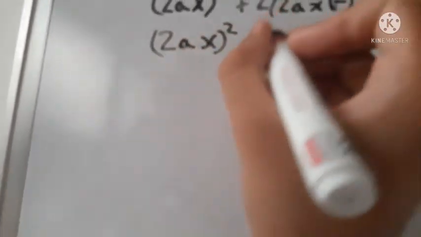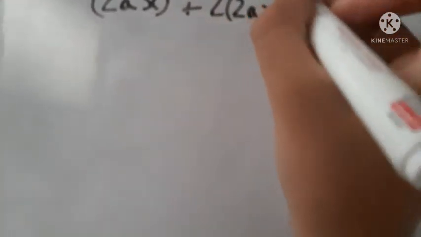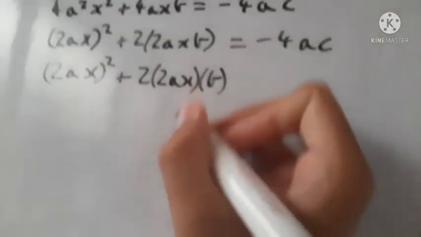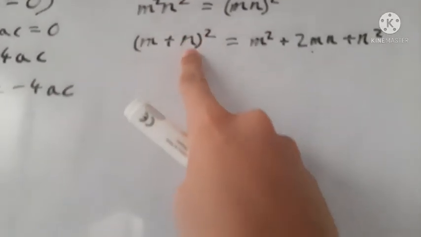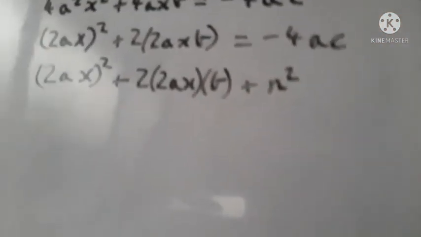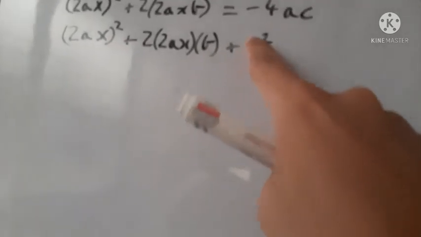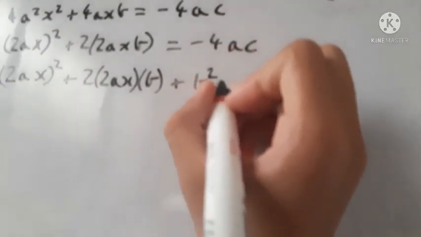We're using completing the square, if you're familiar with that technique. Now b is our n, so we should have plus n squared at the end, so plus b squared.